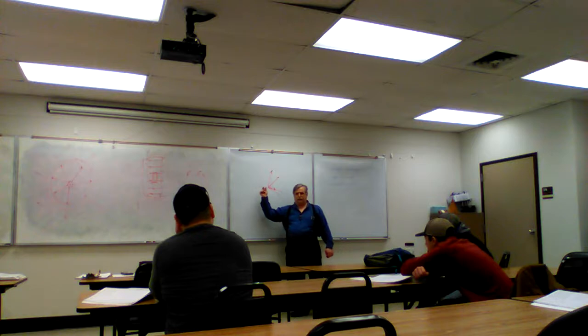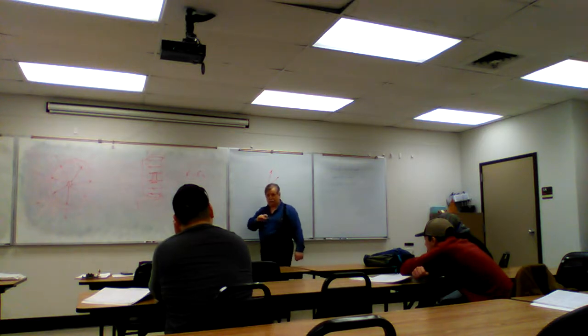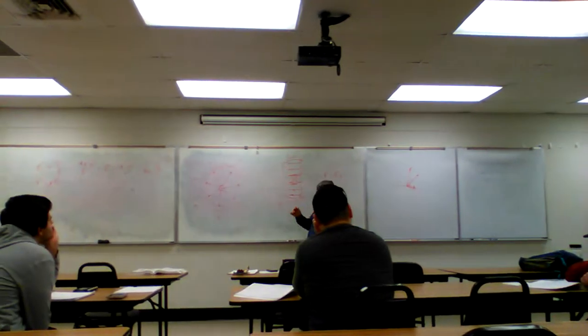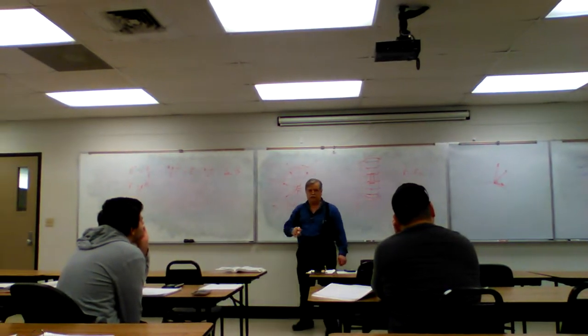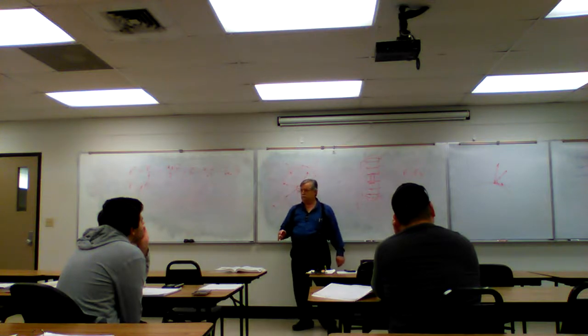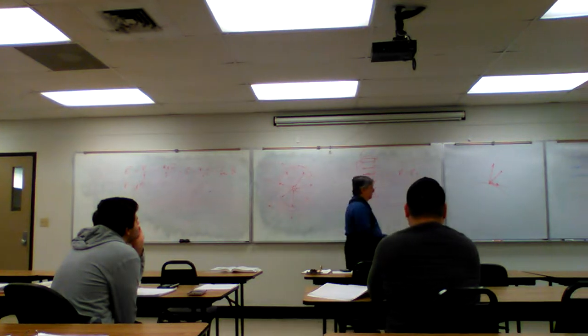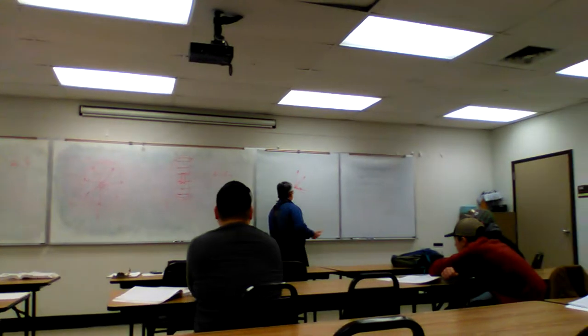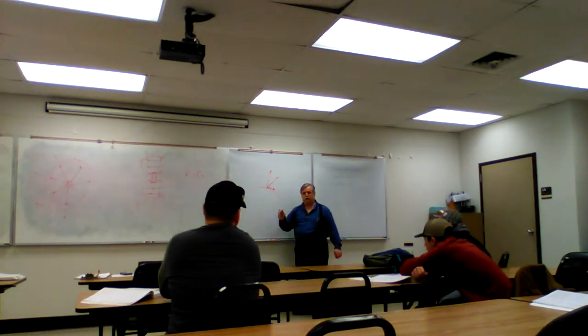But what would happen if it had a tangential component? It would produce tangential motion of the electrons, and they would start to move. Or tangential motion of the charge. Whether it's electrons or positive charges, it doesn't matter.